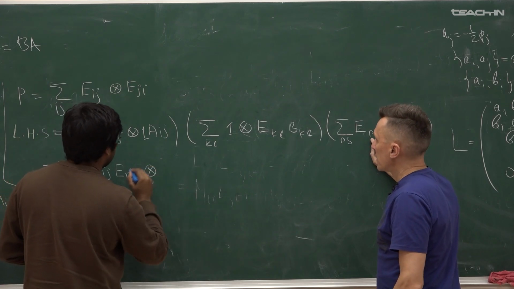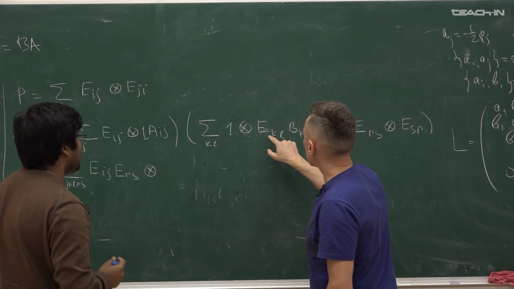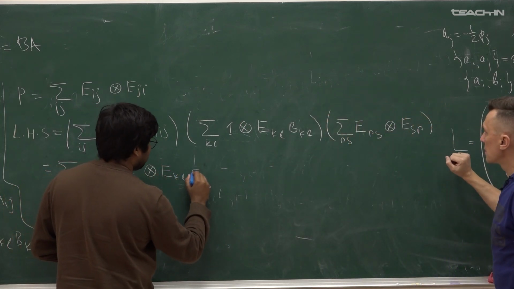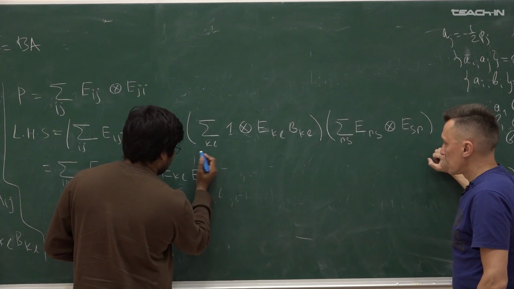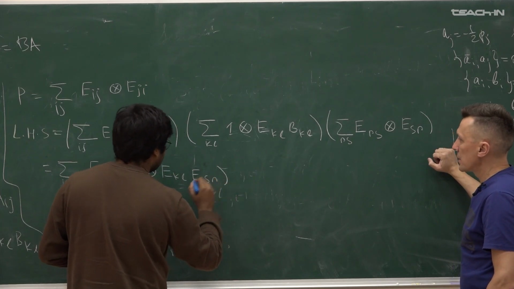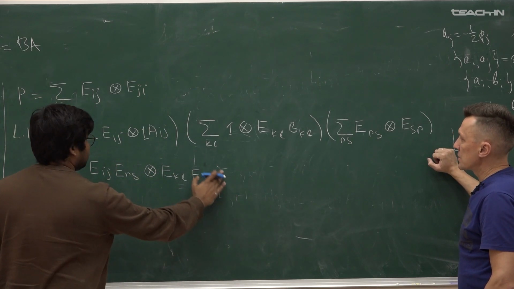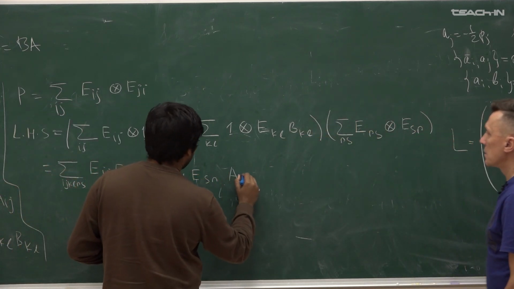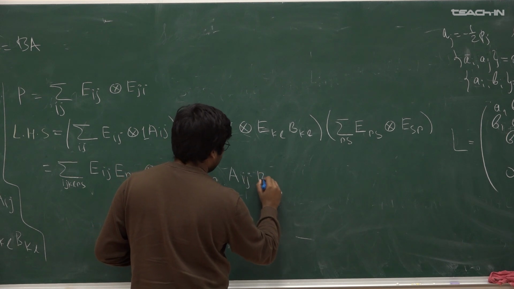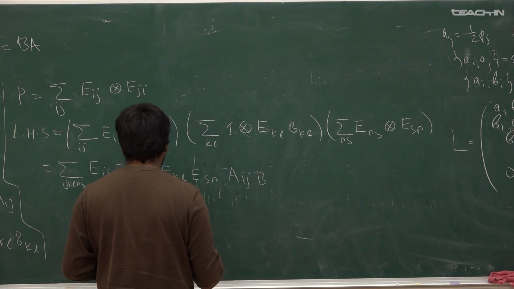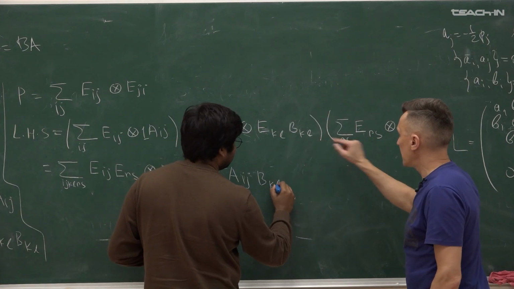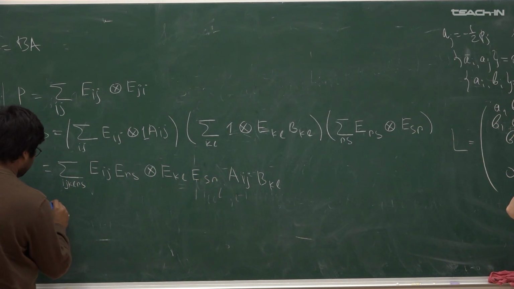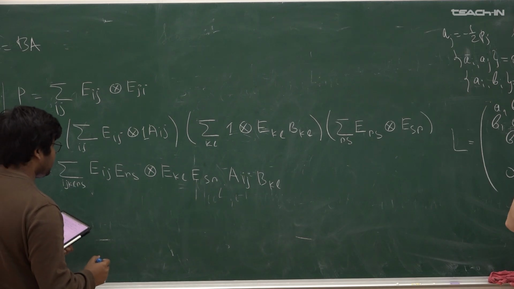Here is 1, so on the second component we have this and this. And then we multiply it by coefficients, by scalars. So A_IJ, we have B_KL. That's it. Okay, we can rewrite, getting rid of some indices.